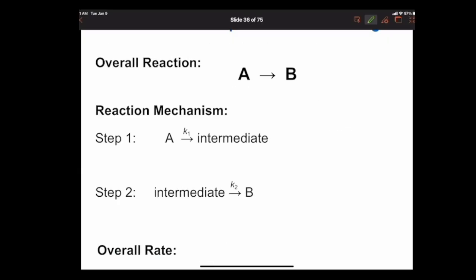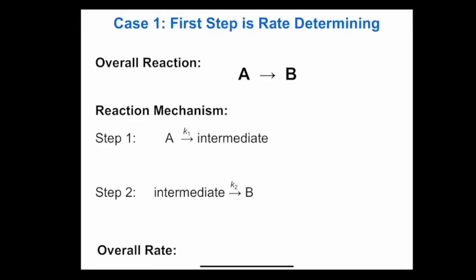If K1 is small, we look at this overall reaction and we can say, look, for an elementary step, I can write the rate law, right? I cannot look at the overall reaction and say, oh yeah, by inspection, rate equals K times A. What I can do is say that I have some first step, it's an elementary process, so by inspection, I can write its rate law.